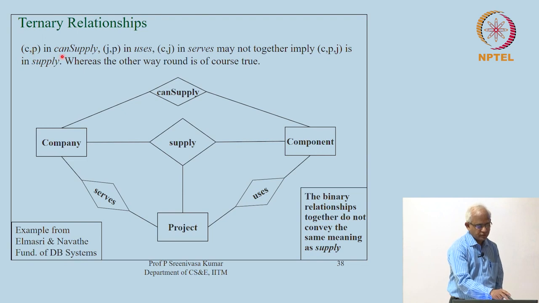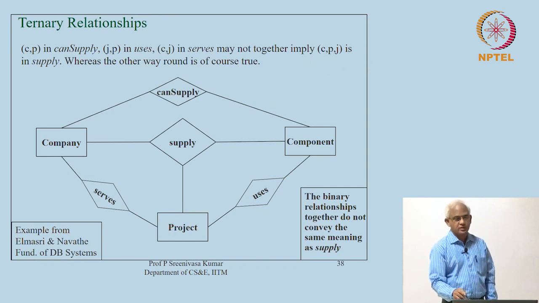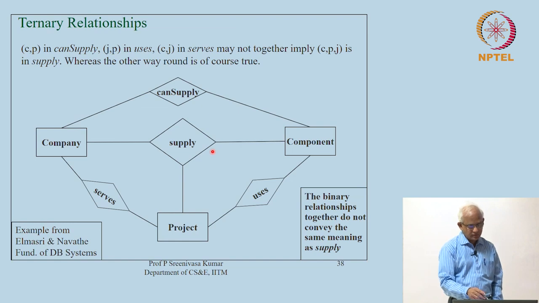Supposing we have CP in can supply, JP in uses and CJ in serves, that may not together actually imply that CPJ is in supply. Okay. So, this illustrates that having the three binary relationships is not a replacement for having the ternary relationship.